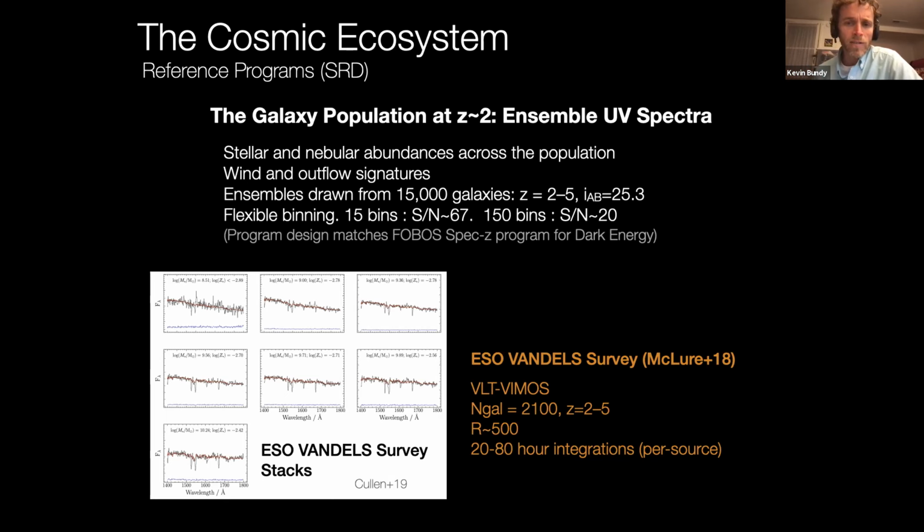So the ESO VANDELS survey is one example of this being done right now on VLT. Obviously, this has been bread and butter for Keck for a long time. We think Phobos is really going to take it to the next level.